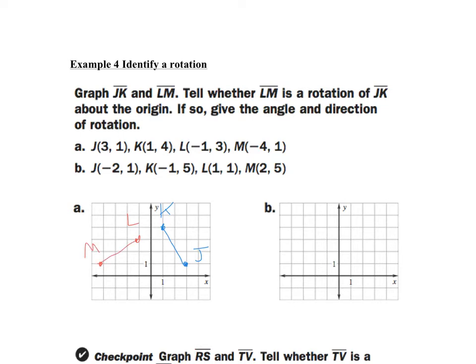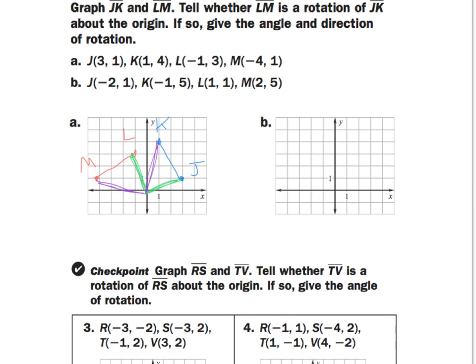So we look at J going to L and K going to M. And if you look at the slope of these lines, the purple, each of those is a negative reciprocal.